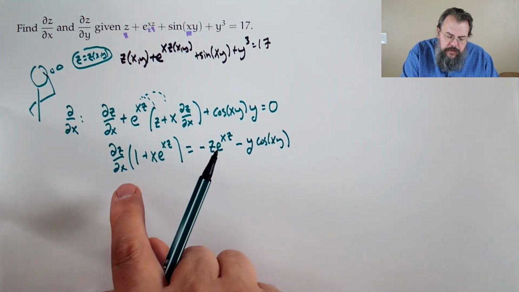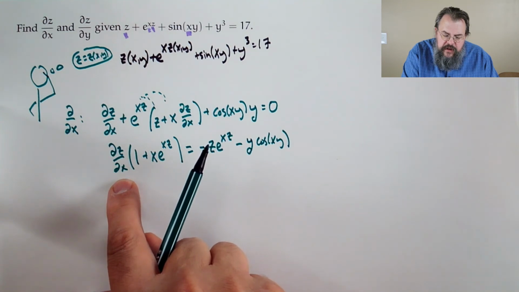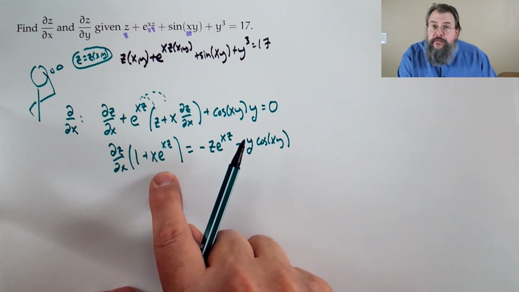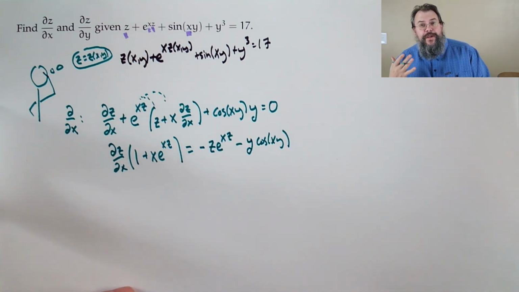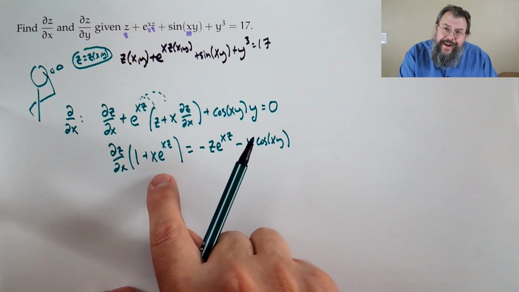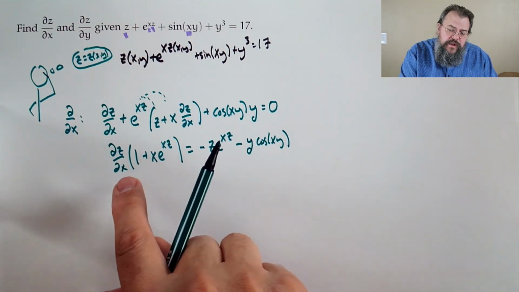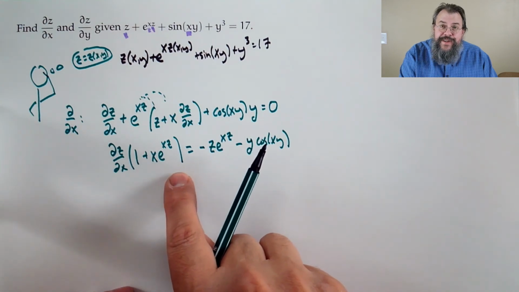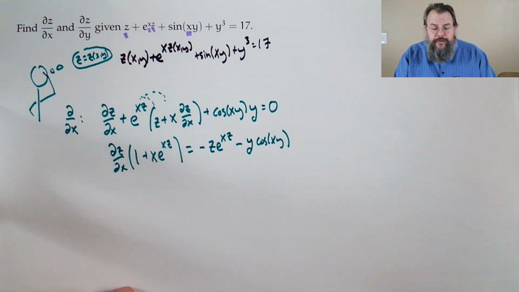And now, we've almost got partial z partial x. We just have this other term here. Now, this is one of the things you have to be careful about with notation, because it kind of looks like you're plugging something in, but these are the parentheses of multiplication, not the parentheses of evaluation.